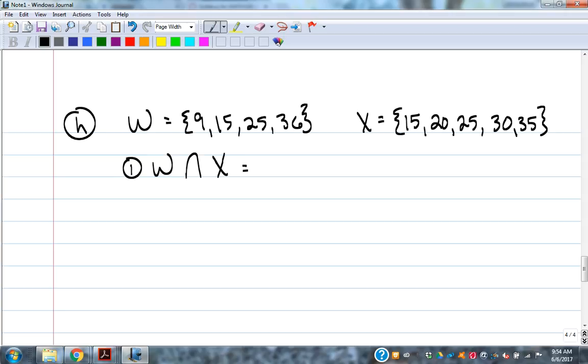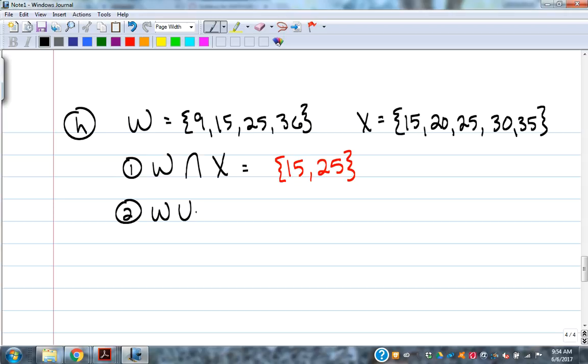So what numbers are in both sets? 25 is one of them. There's one more. 15. We have 15 and 25 in that intersection. So that's listing the elements of the intersection.